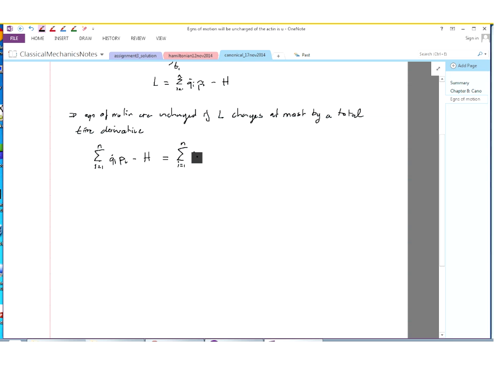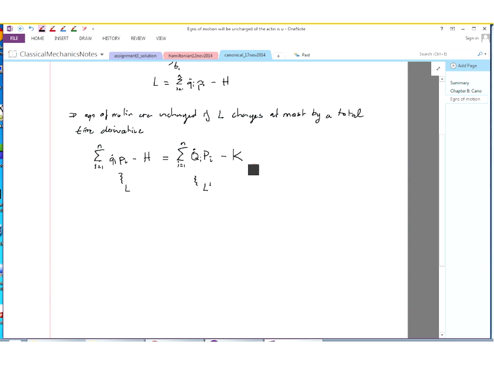So the Lagrangian in the transformed coordinates is the sum from i equals 1 to n of the capital Qi dot times the capital Pi minus the Hamiltonian in the transformed coordinates, which we called K. So the left-hand side is like L, and the right-hand side is like L prime.